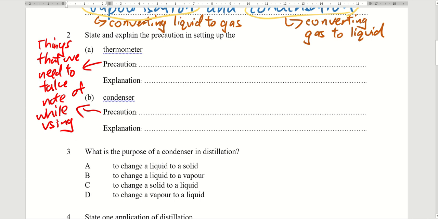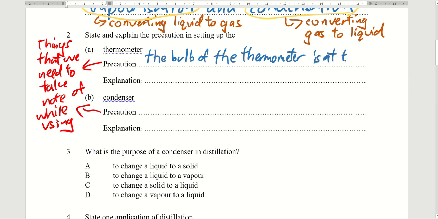For the thermometer, the precaution should be that the bulb of the thermometer is at the mouth of the condenser. What do we mean by this?